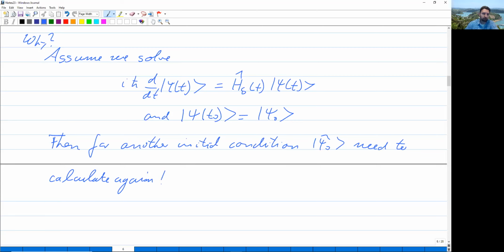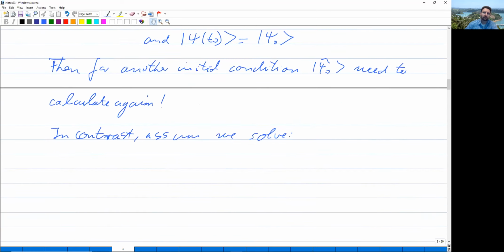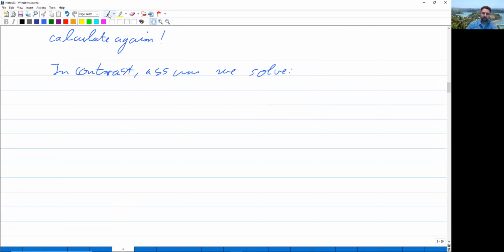In contrast, assume we solve the equations of motion for our time evolution operator.